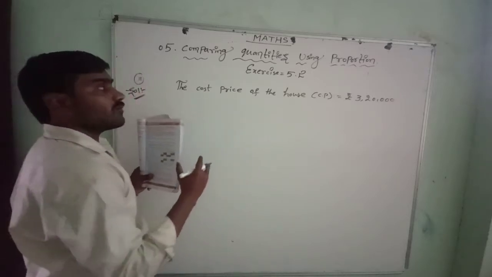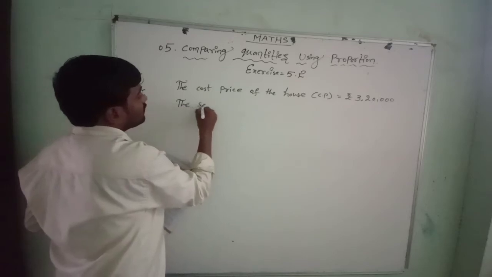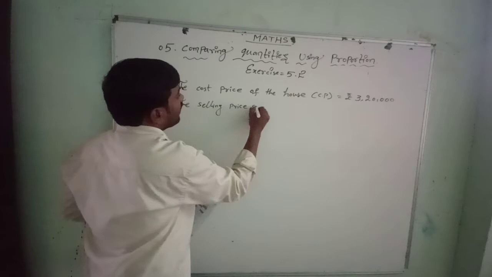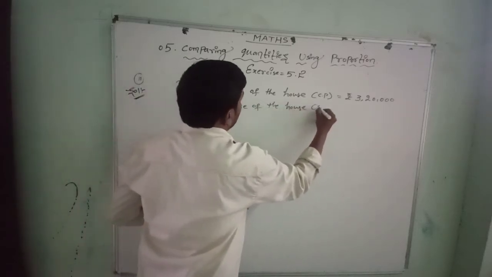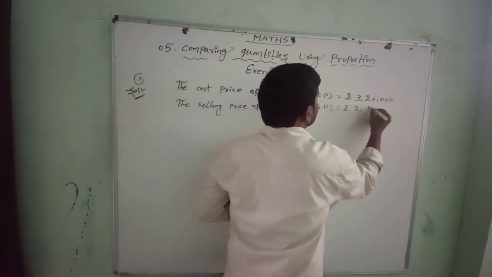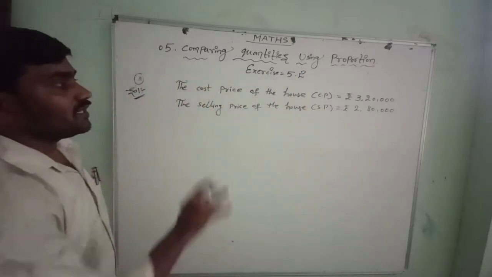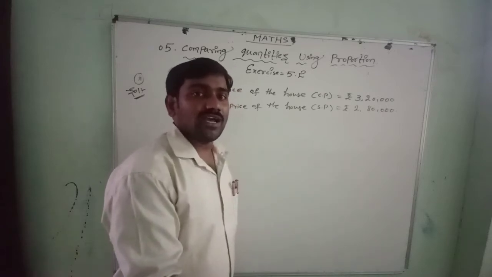And due to some economic problem they sold it. Then the selling price of the house, SP, equals rupees 2,80,000. That means he purchased for 3,20,000 and sold it for only 2,80,000.